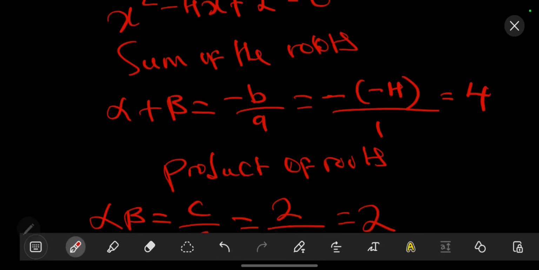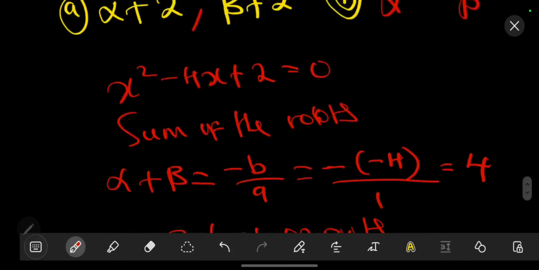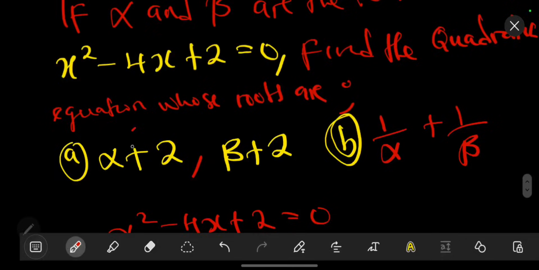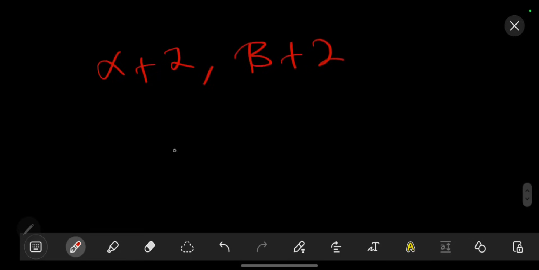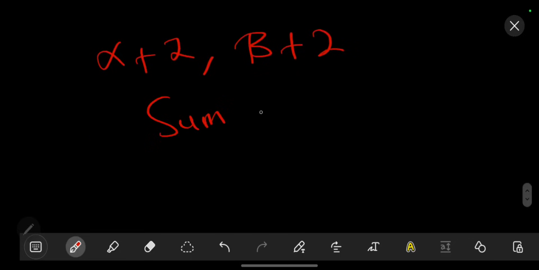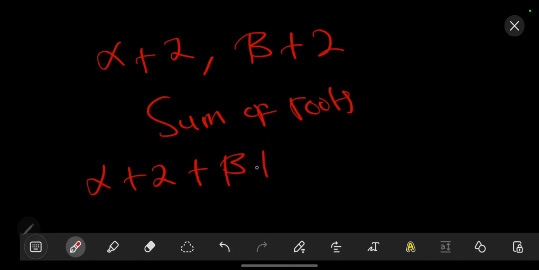Let's now get the new roots. These roots are alpha plus 2 and beta plus 2. So for these new roots, the sum of roots is, we add them, alpha plus 2 plus beta plus 2. So 2 plus 2 is 4.